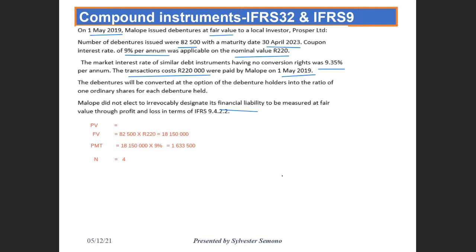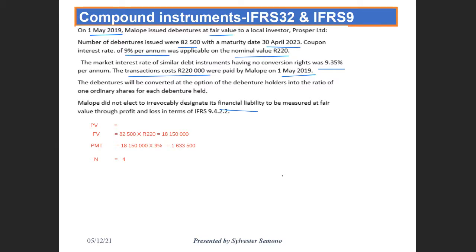They took into consideration most of the factors in the market, like the inflation and other things, and it considers the compound nature of this particular interest. So the nominal interest doesn't cater for that. Like, for example, the 9%. Normally, the banks, when you are investing, they use what? The compound interest. They use the market interest rate of similar debt instruments.